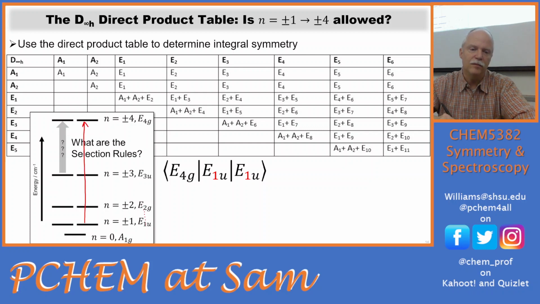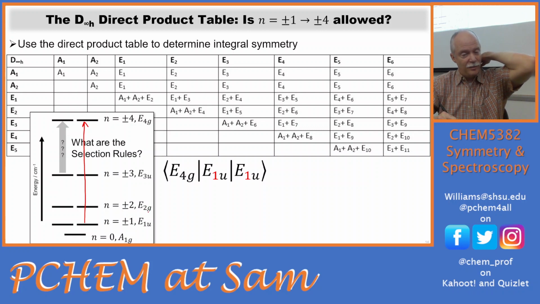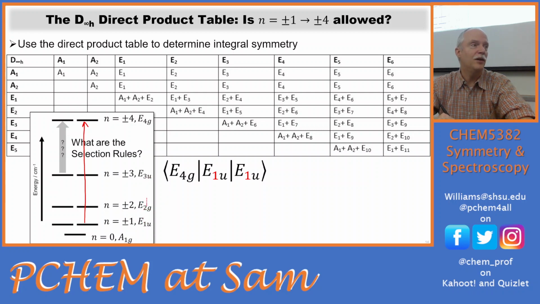Let's test this one because, in the particle in a box, this one is allowed because it's just odd and even symmetry in a particle in a box. But now we have this rotational symmetry with this rotational quantum numbers, and it's not A1G, A1U, A1G, A1U. It's not like AG, AU like the particle in a box. So we have over here E1U, and up here we have E4G.